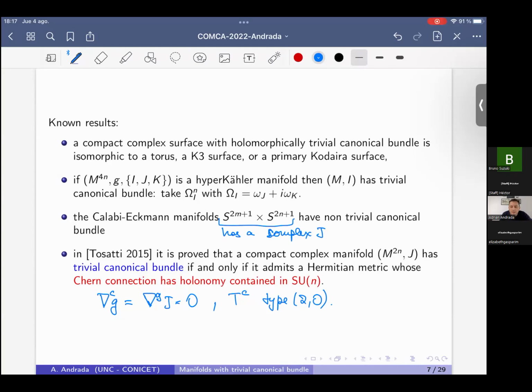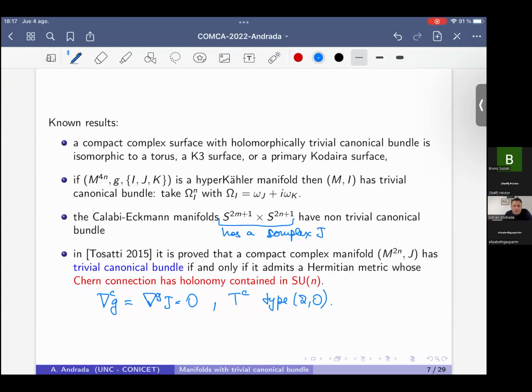I don't know, but you can explain later to me, I guess. Okay. I will talk about that a bit further. I don't remember now how you can prove that the canonical bundle is not trivial, but I will show you at least that it is complex.